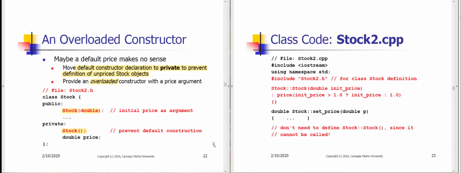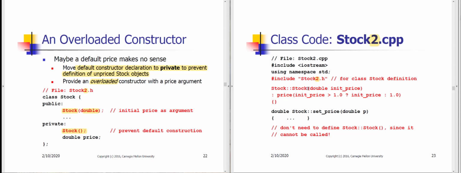We did not provide an inline definition of this constructor in our header file, so let's take a look at its definition in our code file. By the way, we've named this header as stock2.h and this updated code file as stock2.cpp. We're including stock2.h at the top of this code file.